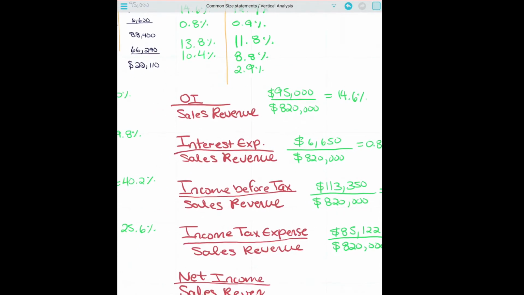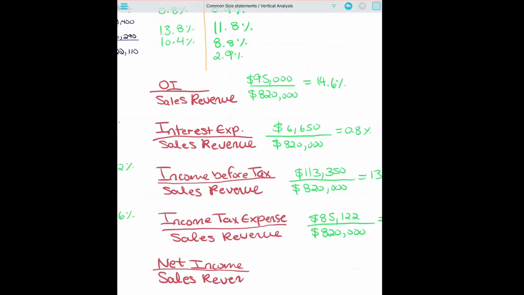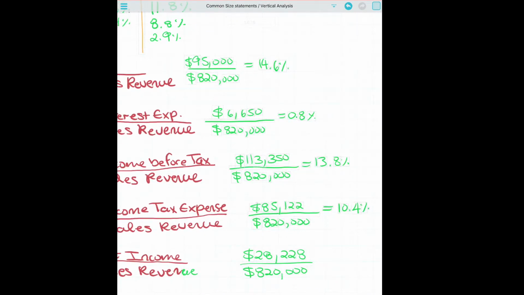Okay, lastly, net income divided by sales revenue. Okay, and that will give you $28,228 divided by $820,000 equals 3.4%.